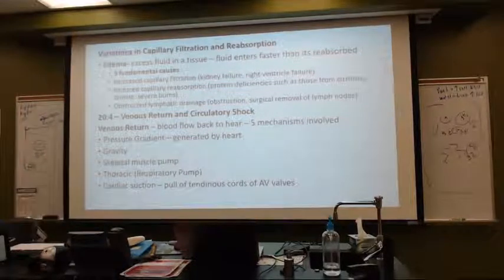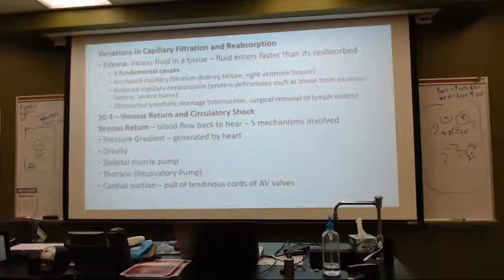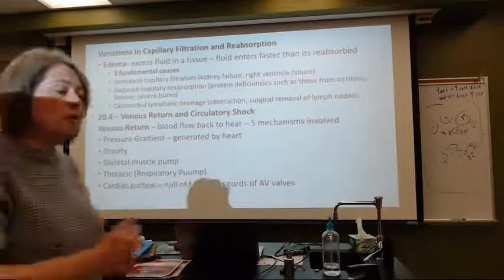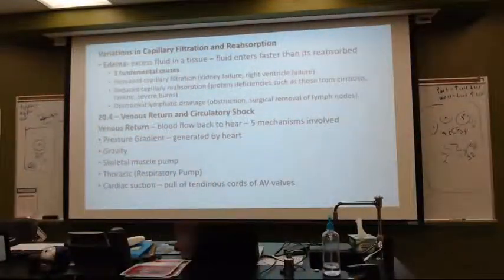So as we think about the veins and the return of blood back to the heart, the more movement you have, the more skeletal muscle you're using, more pressure against the veins to push the blood back up towards the heart. The more sedentary you are, the less blood is flowing to the heart.